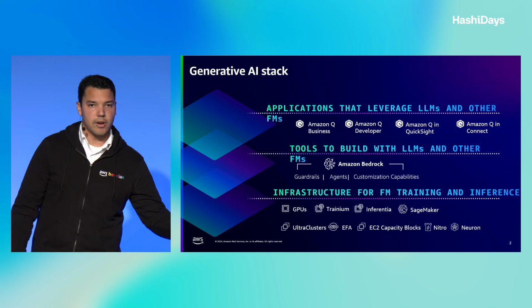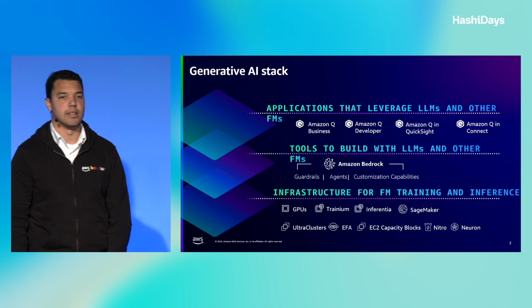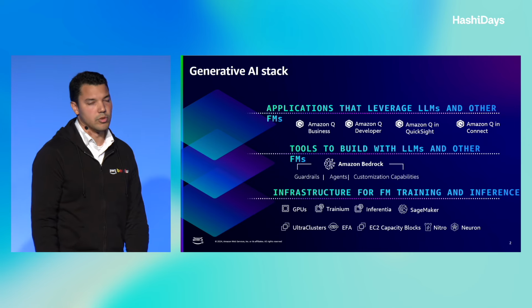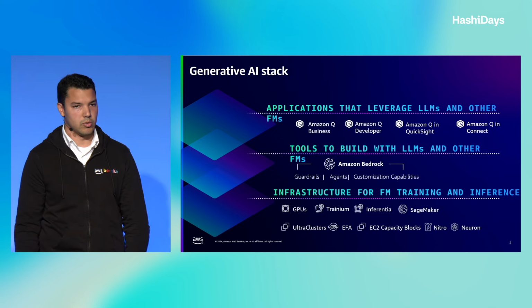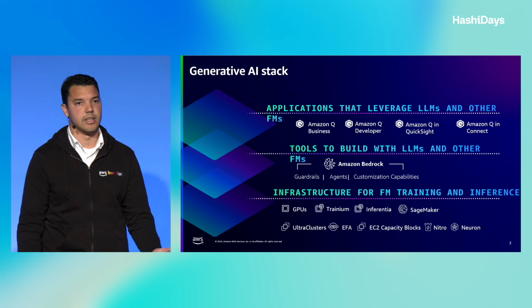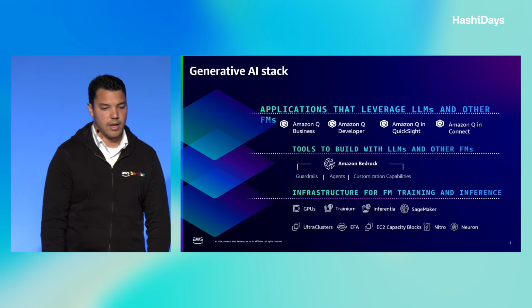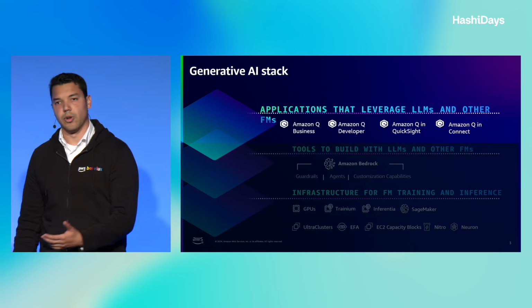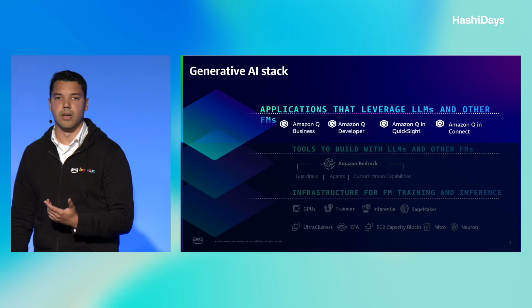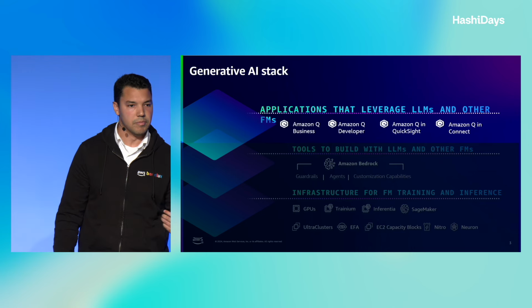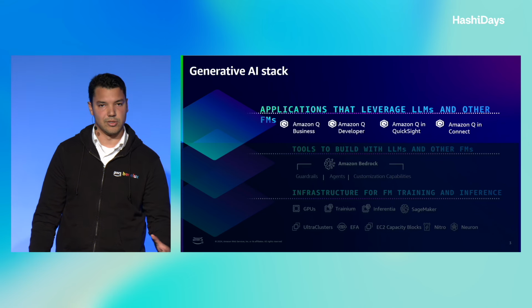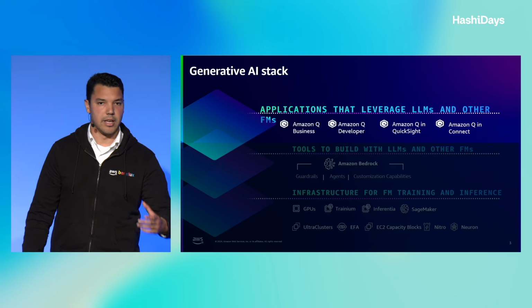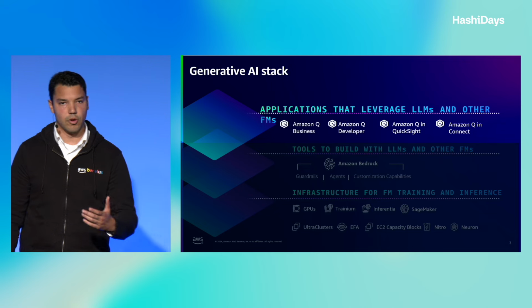And in the top layer, we have applications that leverage LLMs and foundational models to basically provide GenAI capabilities to your team, to your application, without ingesting a single line of code. And this is actually where I would like to focus today, particularly in Amazon Q. So Amazon Q, and I will go in technical details of Q in a moment, basically can be used for multiple things.